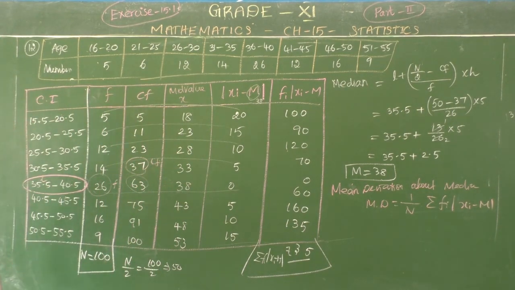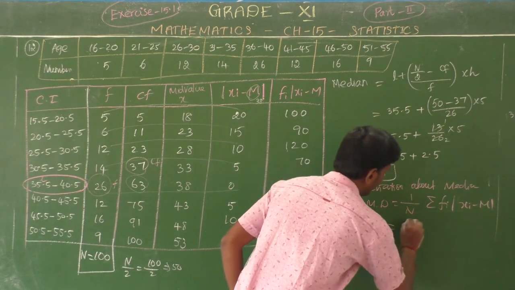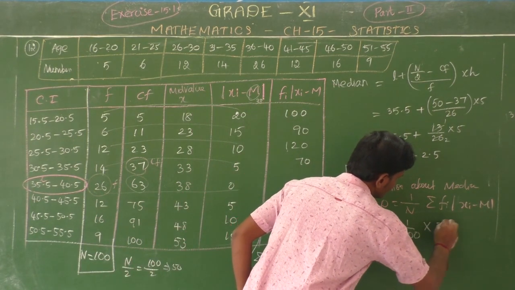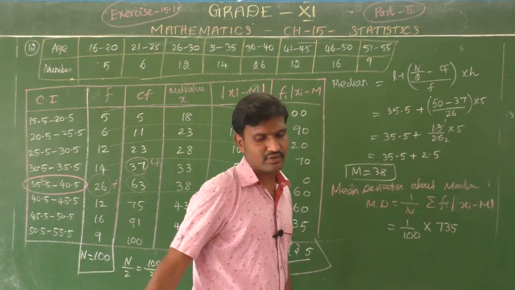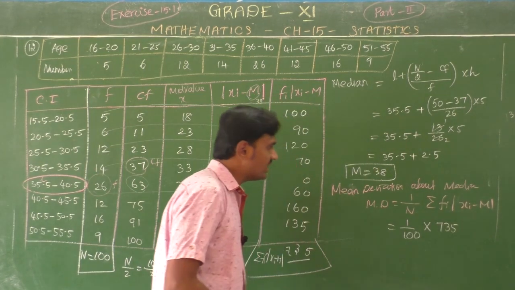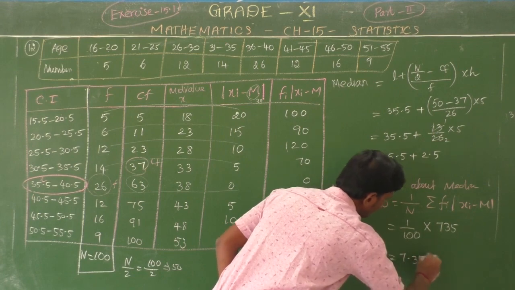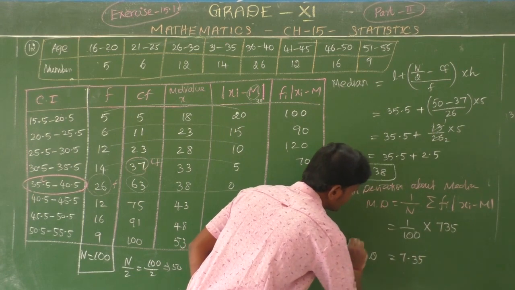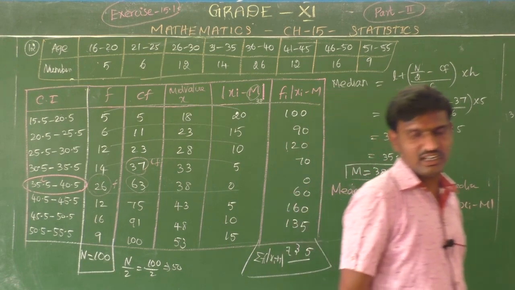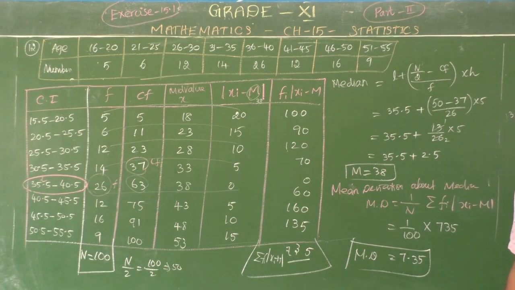What is the value of n? 100. So 1 by 100 into 735, which is 735 by 100, that is 7.35. So this is your mean deviation about median.